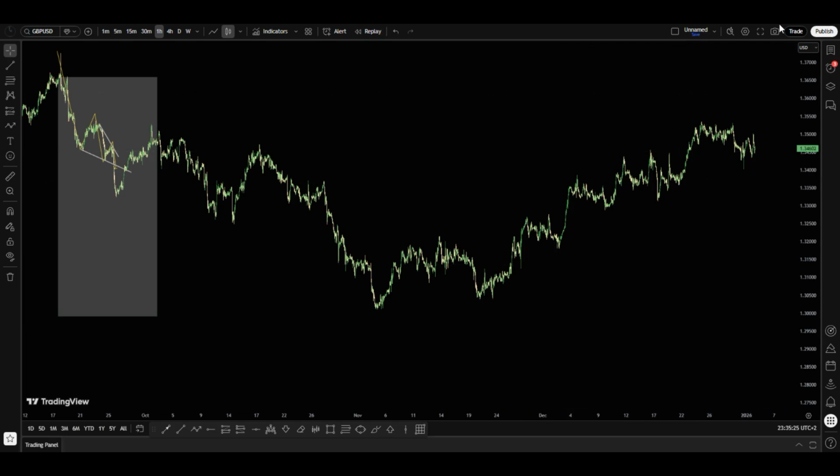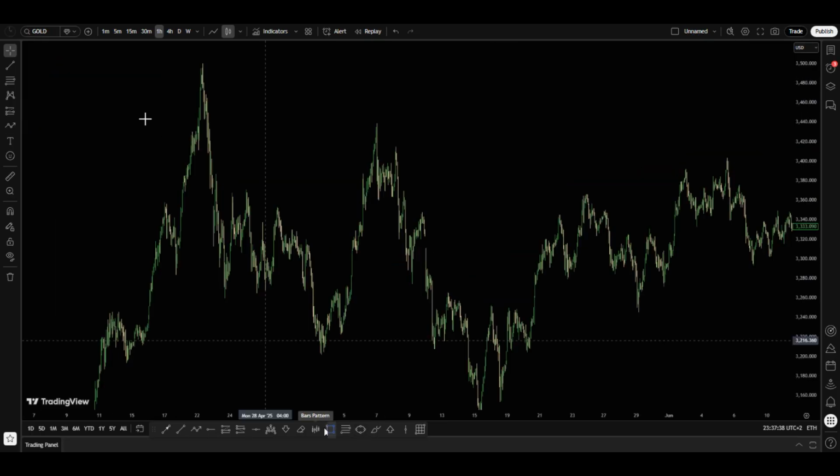This strong move to the upside. Okay, so we're pushing to the downside. We're going bearish all the way till this point.